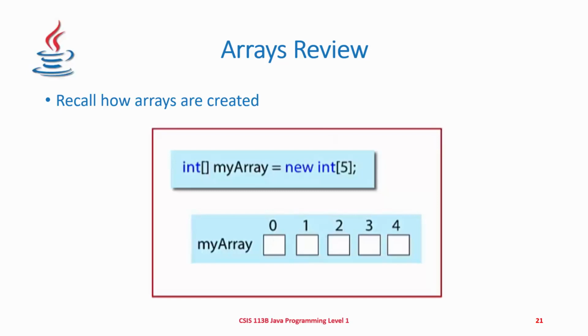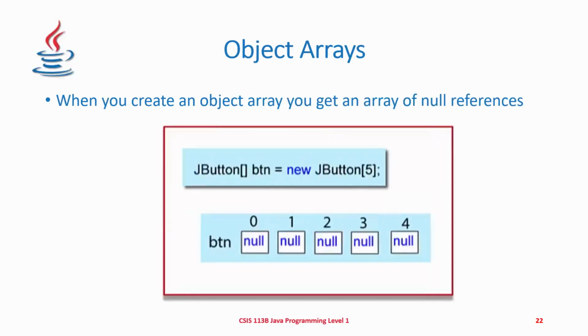And then using the new keyword, we can initialize the array with how many elements we want it to have. What you're going to see is the difference between a standard array, which stores primitive values, and object arrays, where we're actually storing objects in the arrays. So in this example, you can see we're creating an array of JButtons.